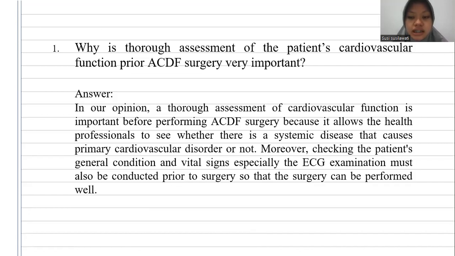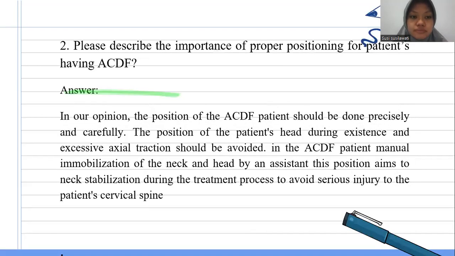Moreover, checking the patient's general condition and vital signs must also be conducted prior to surgery so that the surgery can be performed well.